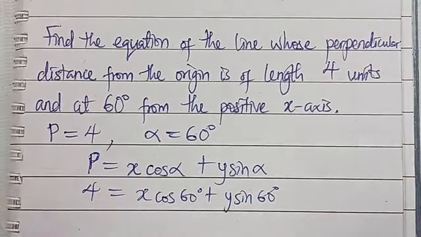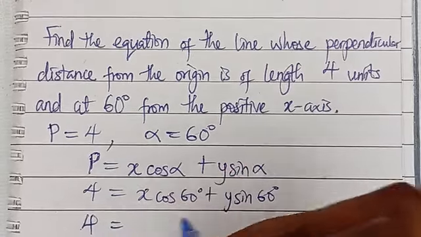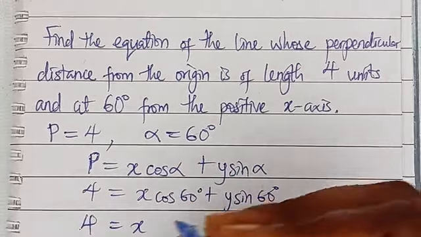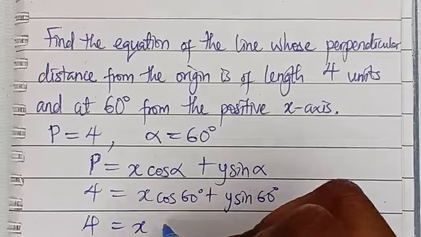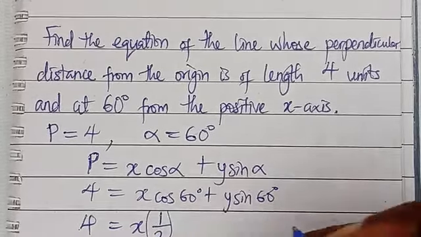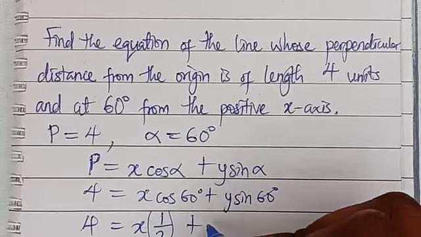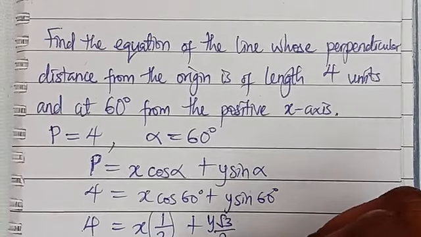Okay, from trigonometric ratios, we have that 4 equal to, cos 60 is 1 over 2. And then sin 60 is equal to root 3 over 2.